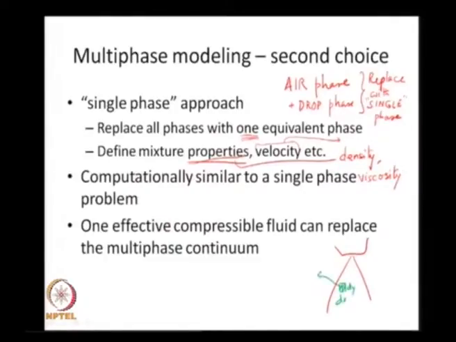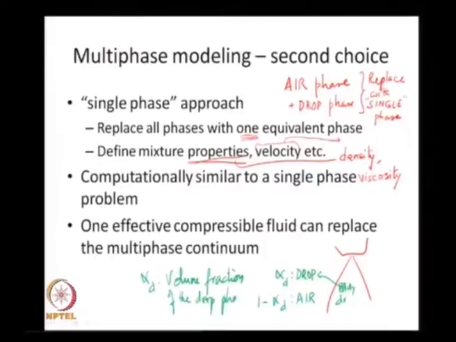So, every little position in the spray has a volume fraction alpha d of the drop phase and 1 minus alpha d of the air phase. So, alpha d is the volume fraction of the drop phase.